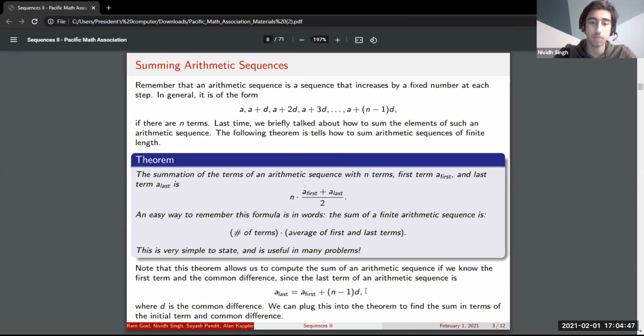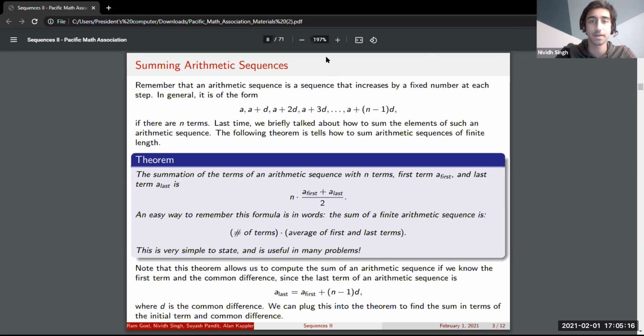We can use that formula to find the last term, and then find the sum of the arithmetic sequence. Just to go over the slide again, the sum of an arithmetic sequence is the number of terms times the average of the first and last term. That's the main takeaway here.